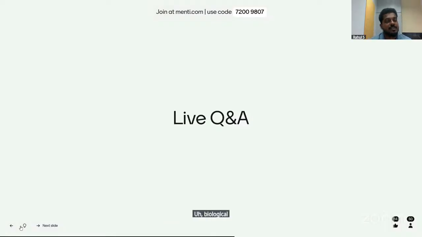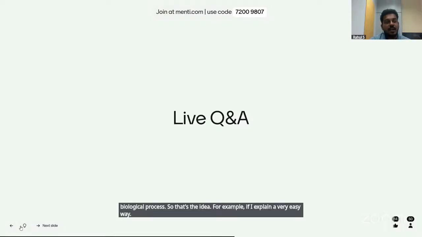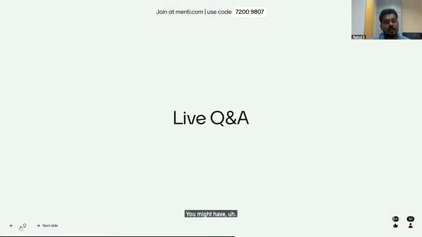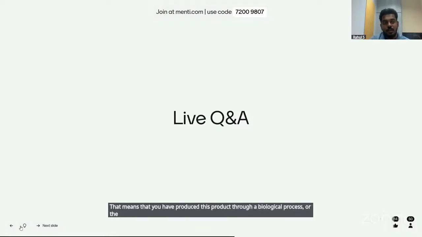So that's the idea. To explain in a very easy way, you might have heard about diesel and biodiesel, ethanol and bioethanol, petrol, or gas and biogas. Here the process is the same, but when you add that word bio, it means that you have produced this product through a biological process, or the process involves something related to a living organism.